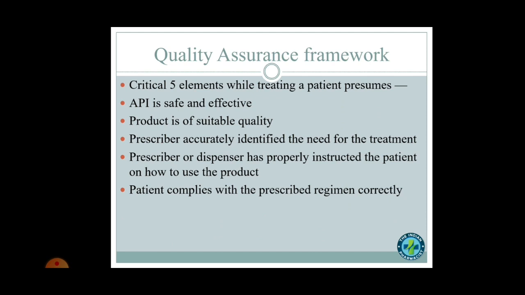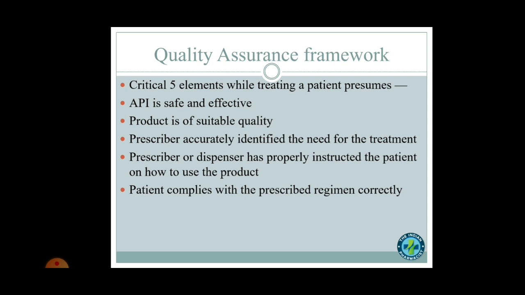First, the active pharmaceutical ingredient or API has been shown to be safe and effective for this treatment. It means whatever API or component is given to the patient is effective and safe. Second, the product is of suitable quality to provide an effective outcome. When we say quality, it means quality, safety, efficacy, identity, and strength of the product.